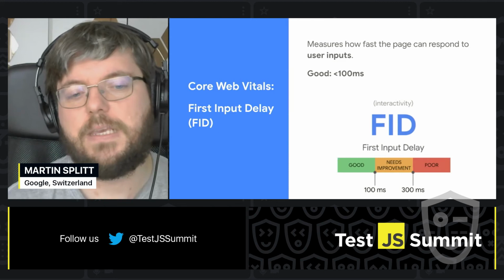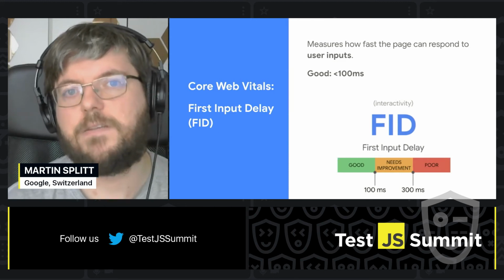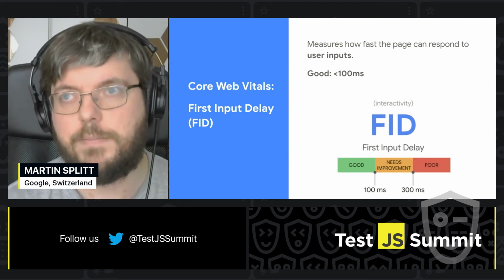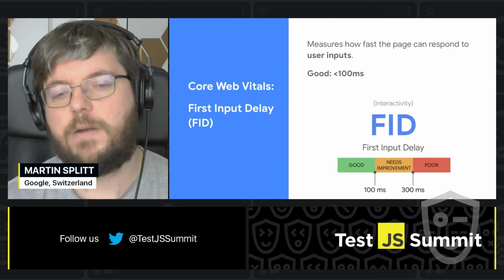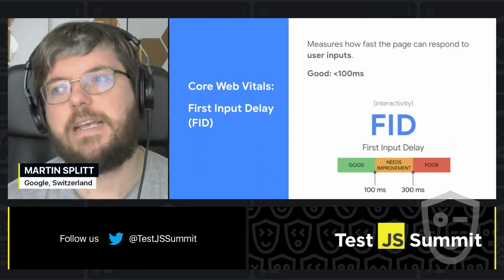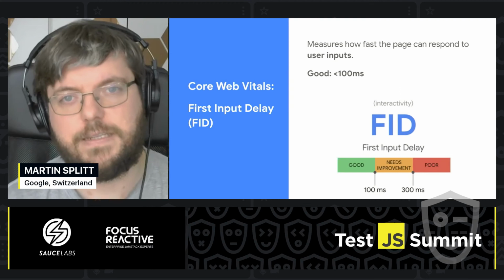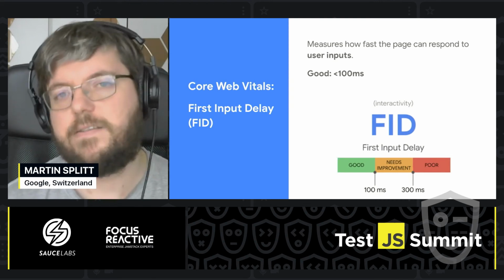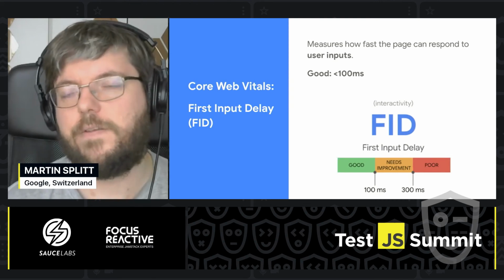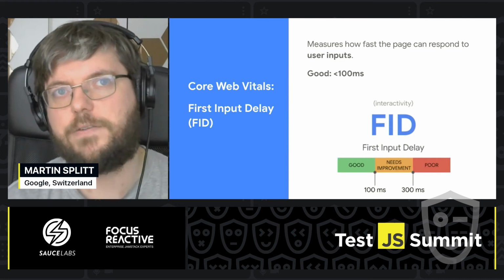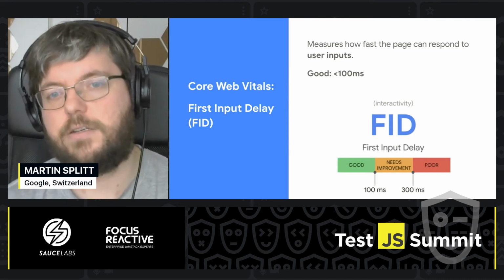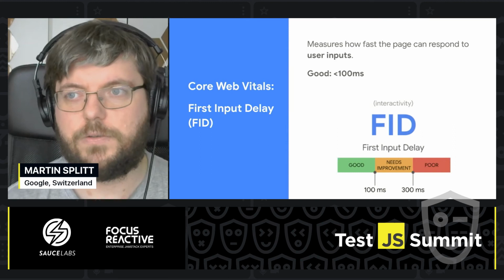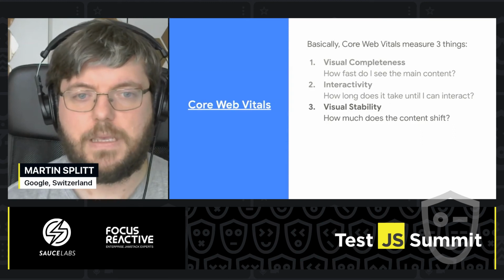And you want to be under 100 milliseconds because that feels basically immediate to the human brain, whereas a 300 millisecond delay feels slightly sluggish, but still relatively instantaneous. Everything that takes longer will eventually cause a feeling of disconnect between the action and the reaction. So that's something that you want to keep an eye on as well.